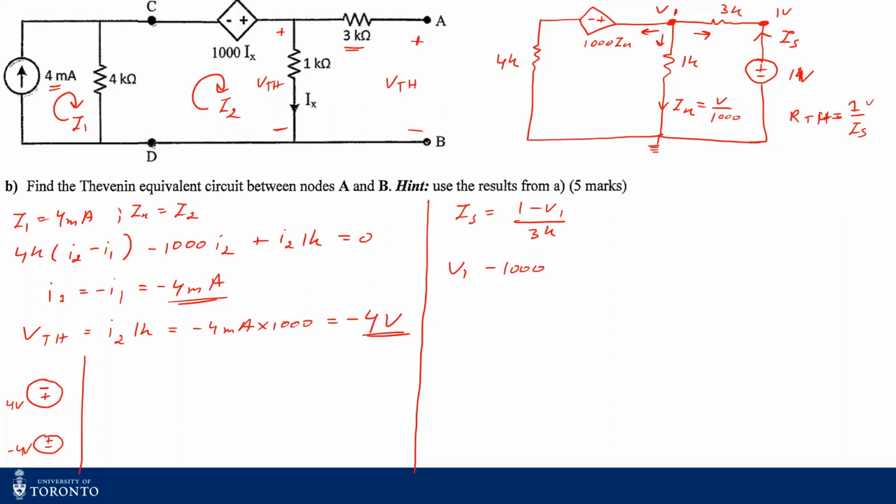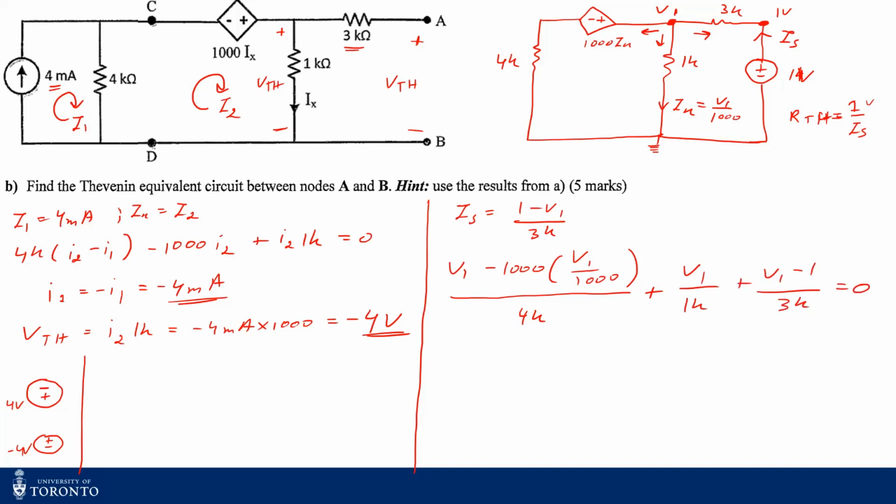V1 by 1000. So I can write V1 minus 1000 Ix, and instead of Ix, I can write V1 by 1000, divided by 4K, plus V1 by 1K, plus V1 minus 1 divided by 3K is equal to 0.